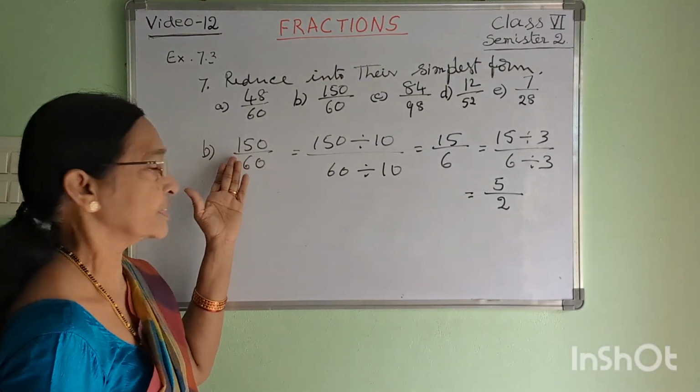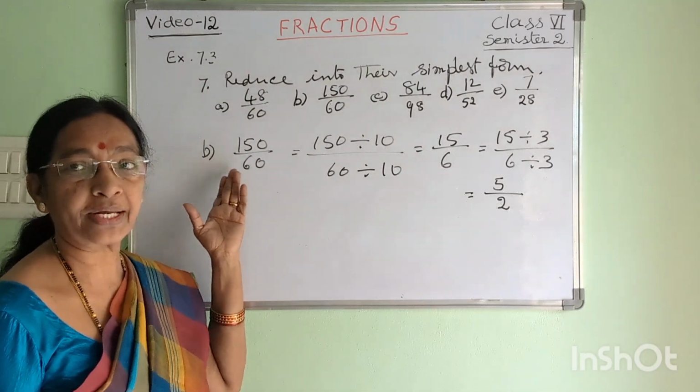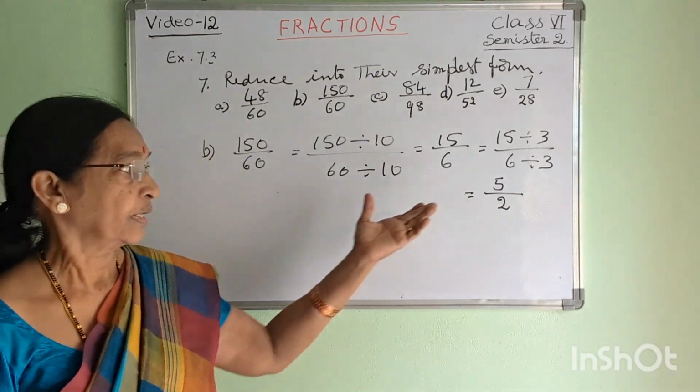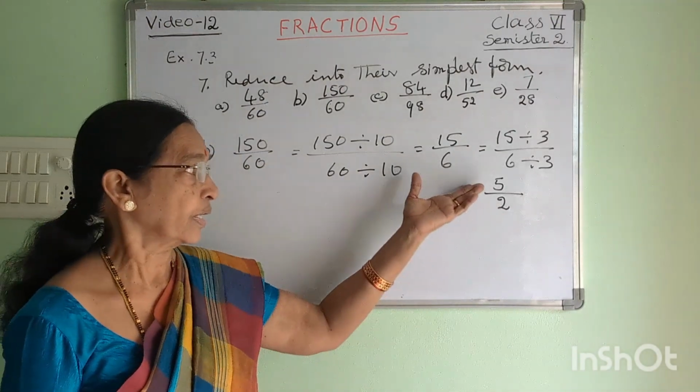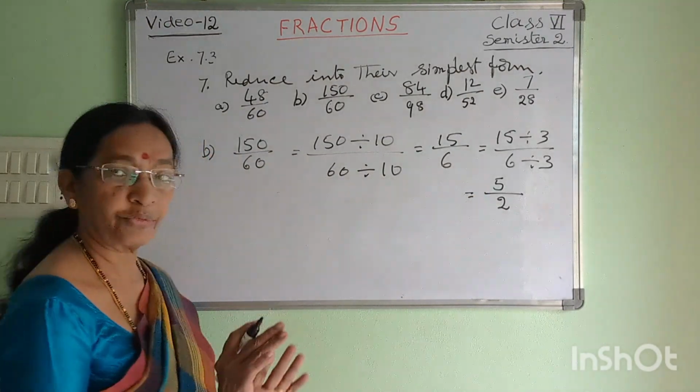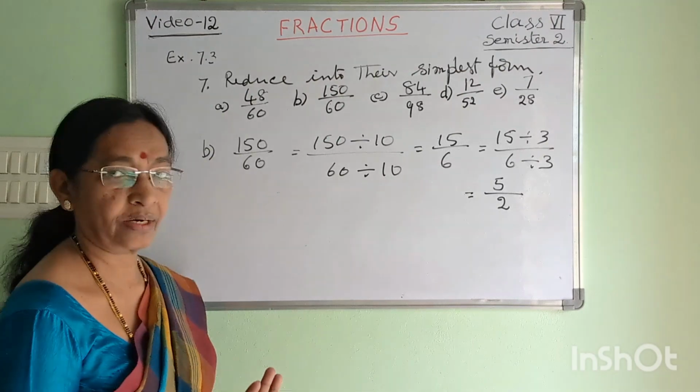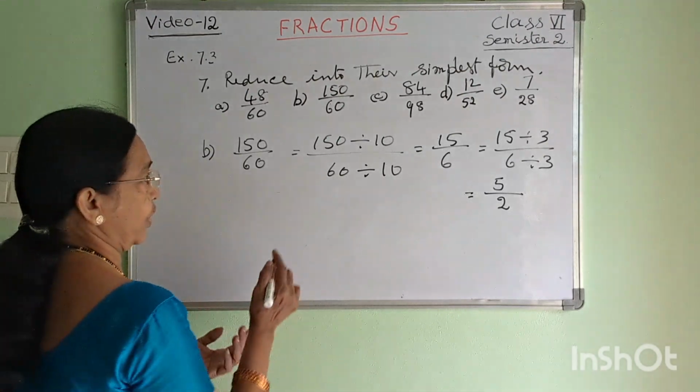This is an improper fraction, as the numerator is greater than the denominator. This is also an improper fraction. Now we can check whether it is correct by checking the cross products.